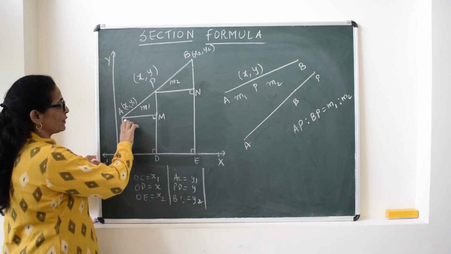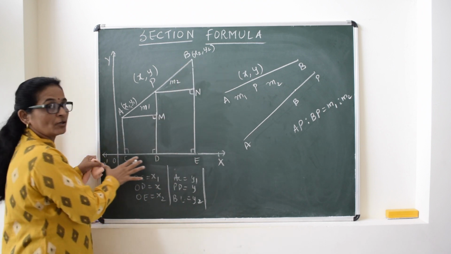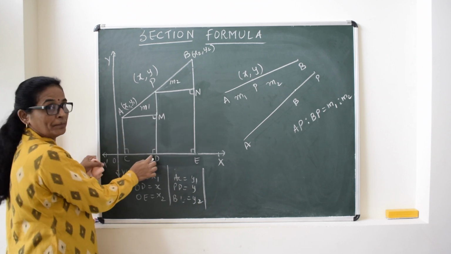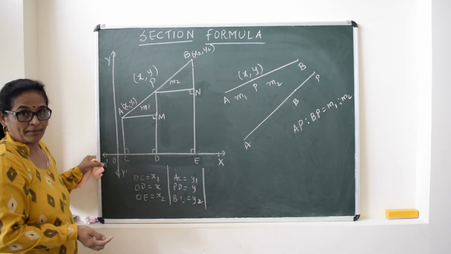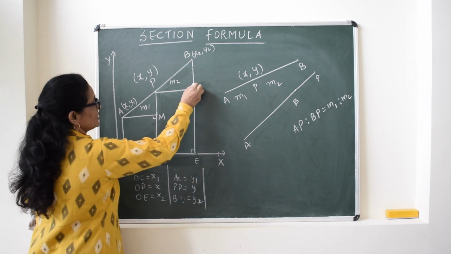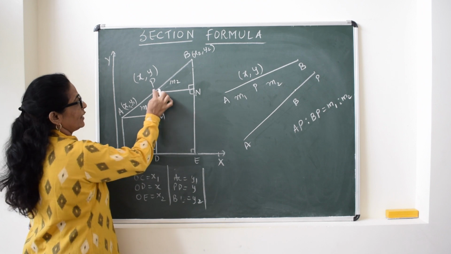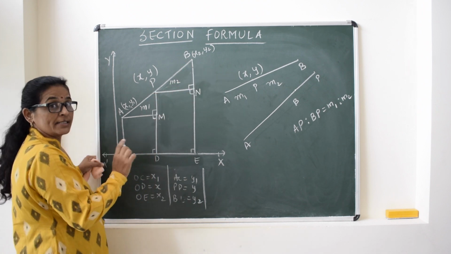AC, PD and BE are perpendicular to the x-axis, AM is perpendicular on PD, and PN is perpendicular on BE. If you notice, these two triangles APM and PBN will be similar by AA similarity.